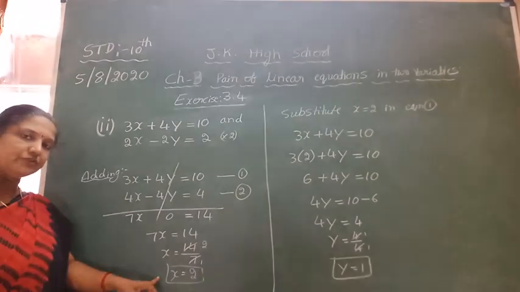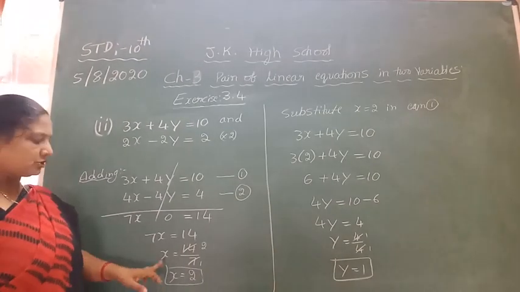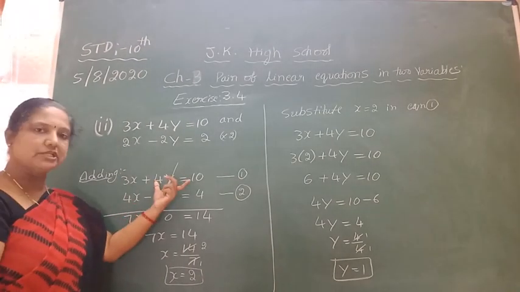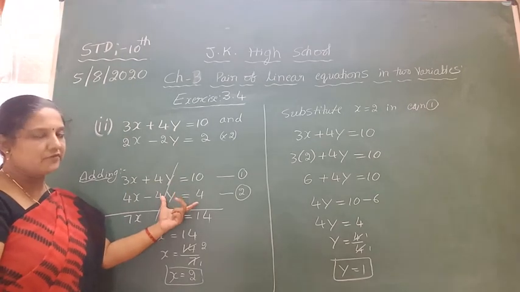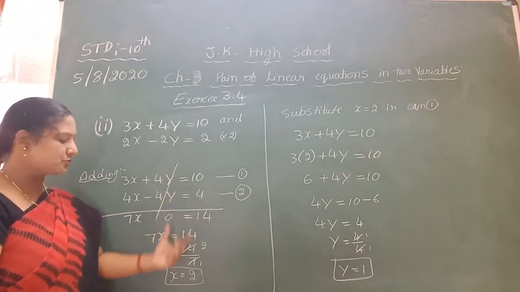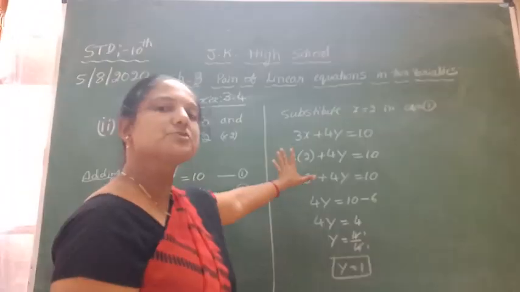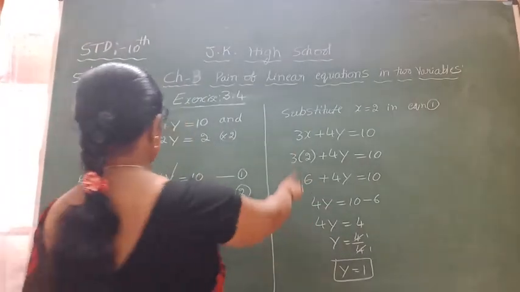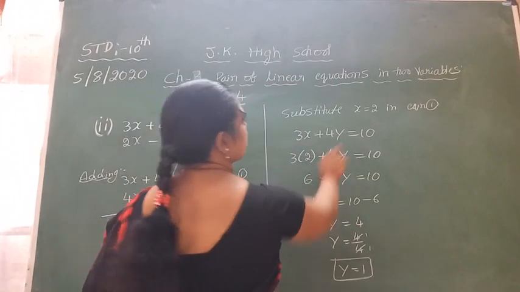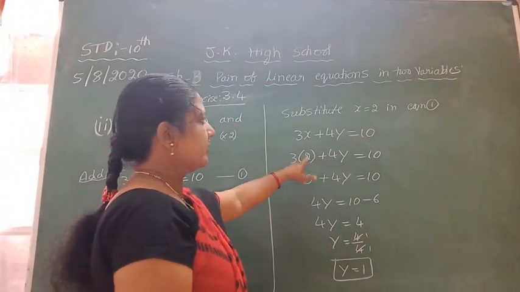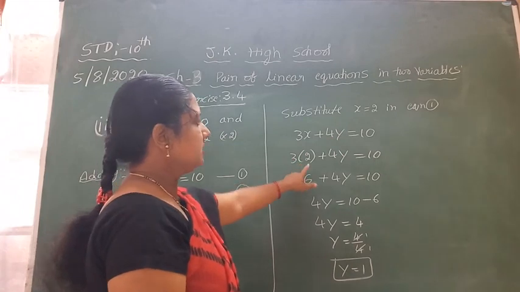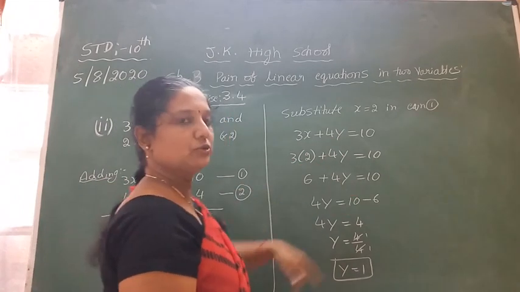So after getting one of the variable values, I have to substitute in any one of the equations. You can substitute in this equation or in this equation. Substitute the x value, which is 2, in equation 1. So consider equation 1, that is 3x plus 4y is equal to 10. In place of x you substitute 2. Then 3 into 2 is 6 plus 4y is equal to 10.